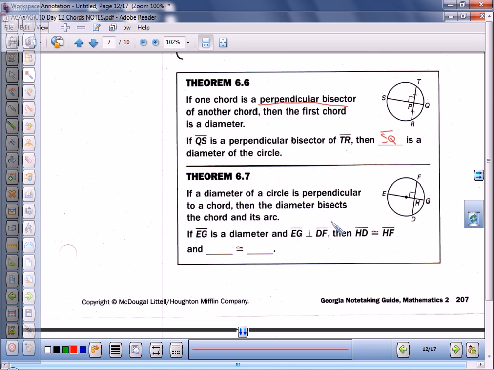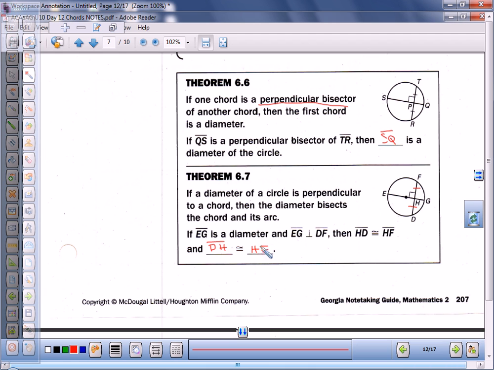If a diameter of a circle is perpendicular, so we're starting out with a diameter and we know it's perpendicular, then it's going to bisect the chord. So if we know it is the diameter and it is perpendicular, then it also bisects. So that DH is congruent to HF.